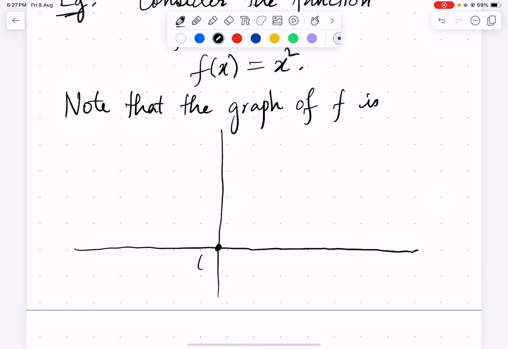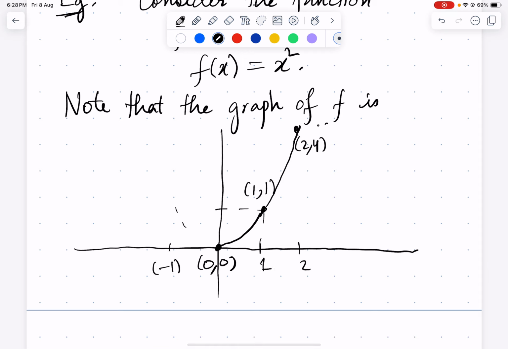So at input 0, it will give the output 0. At input 1, it will give the output 1. At input 2, it will give a larger output, so 2 comma 4. At input 3, it will give an even larger output, 9, and so on. So it will just keep on going. And at input -1, you will get an output of 1 again.